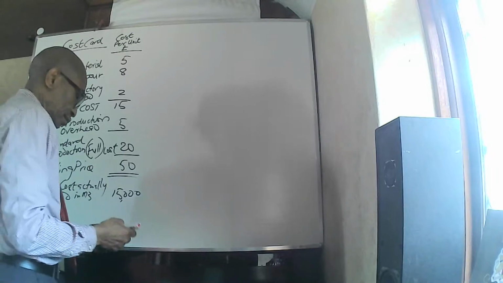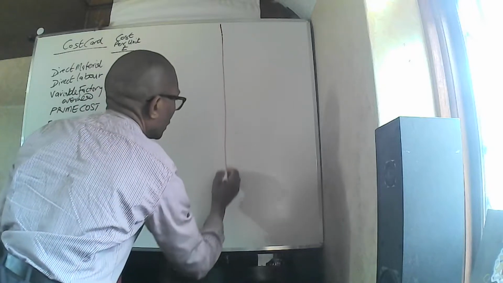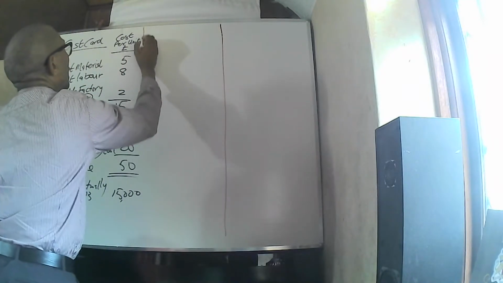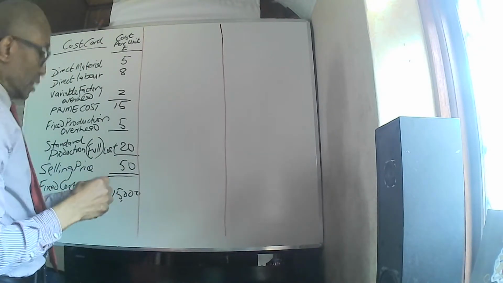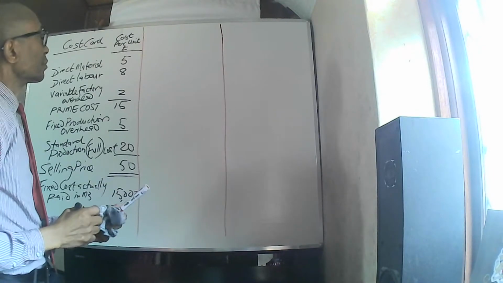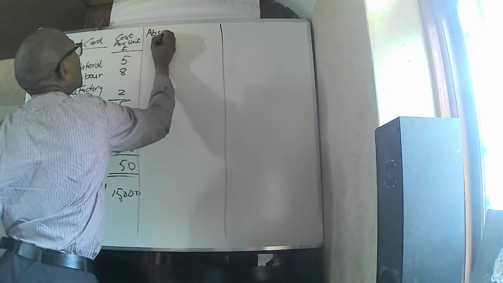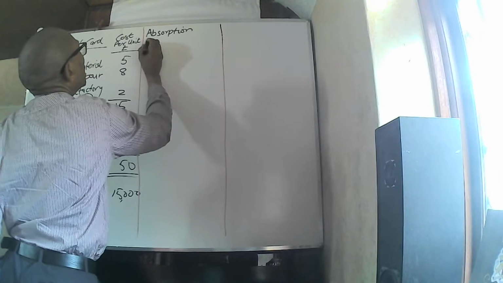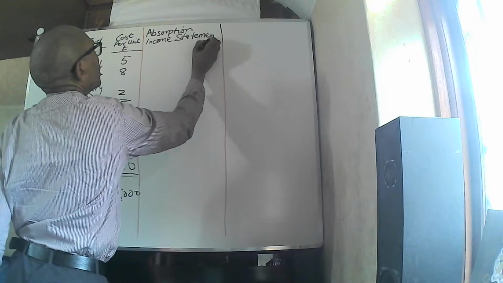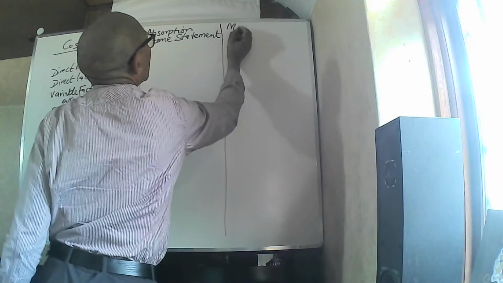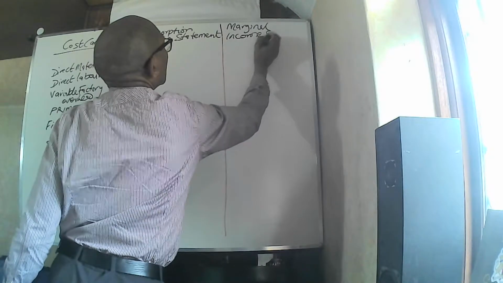First of all, let's format a table. I'm going to use 1/3 of this board for the marginal costing and the other third for the absorption costing. The working has taken the last 1/3. So I will say our absorption income statement and the marginal income statement.